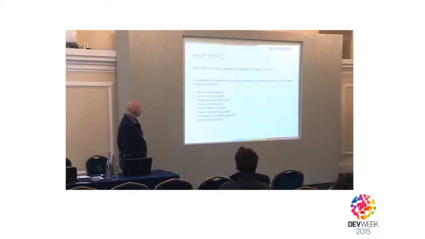Also, there are a whole bunch of what they call domains, essentially. They're all meant to be part of this IPP thing, which again I'll come into a little further on. But these have already been marked for deprecation, so in future releases they won't be part of the IPP. That's not to say that they won't necessarily exist somewhere as a library, but they won't automatically come in as part of the IPP set.